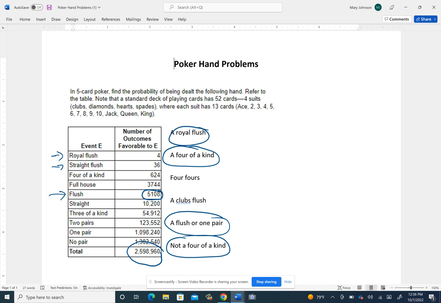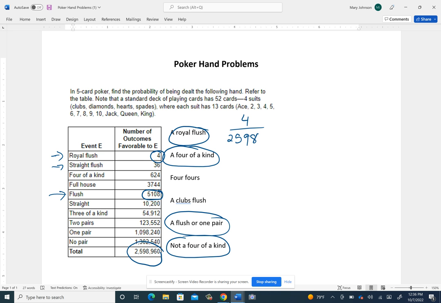When you do something pretty straightforward, like what's the probability of being dealt a royal flush, it is just looking for the number of possible royal flushes. There's 4 out of the total number of 5-card hands.